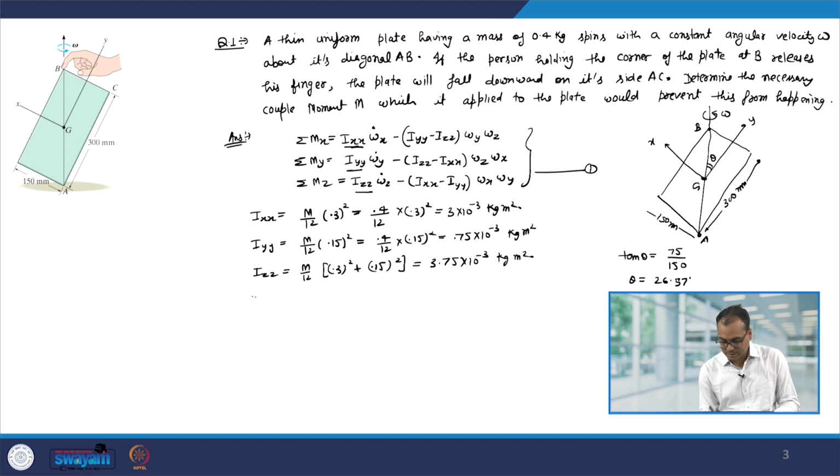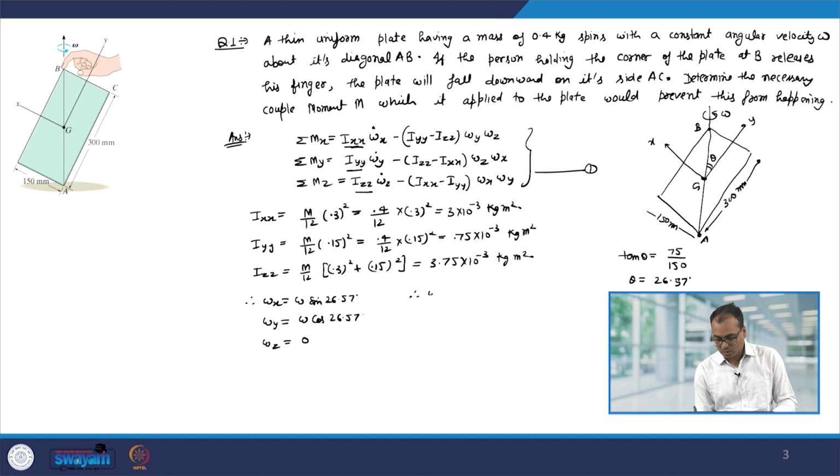Therefore, omega x becomes omega sin 26.57 degrees, omega y becomes omega cos 26.57 degrees, and omega z is 0.